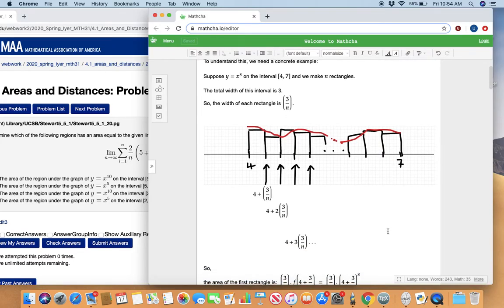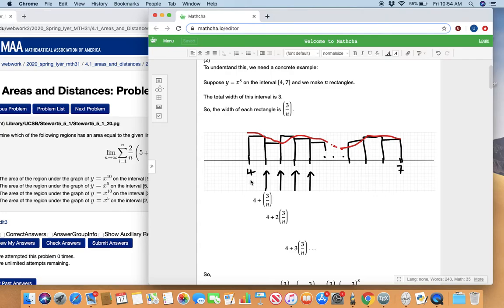What does that mean? Because my very first number is 4, the next number will be 4 plus 3 over n, because 3 over n is the width. Then this will be 4 plus twice 3 over n. Do you see why twice? Because one width and one more width.